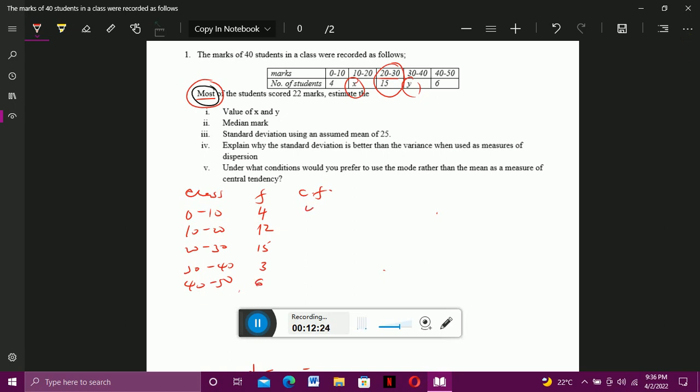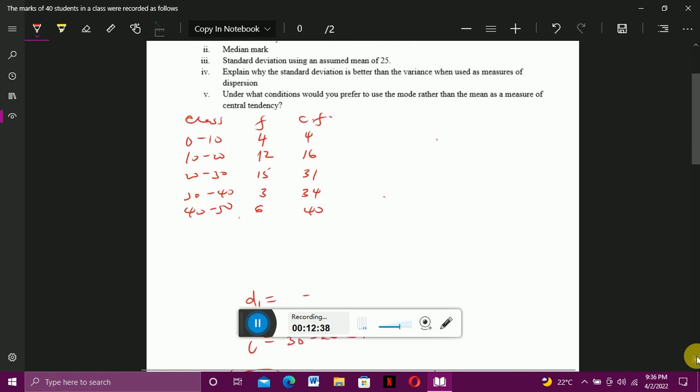So the cumulative frequencies are 4, 16, 31, 34, and 40.